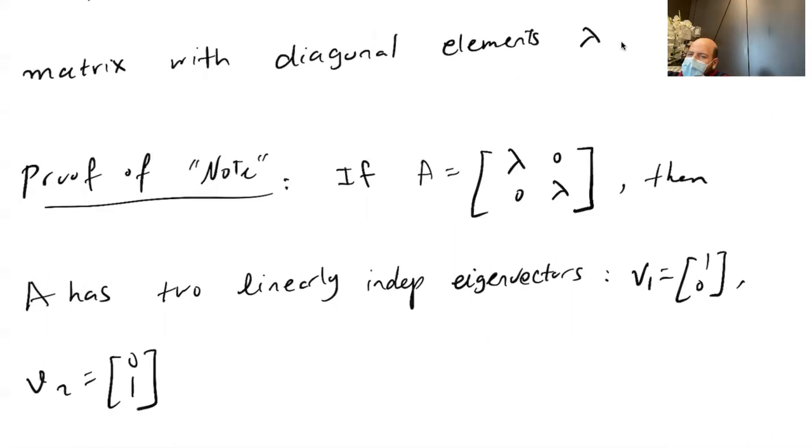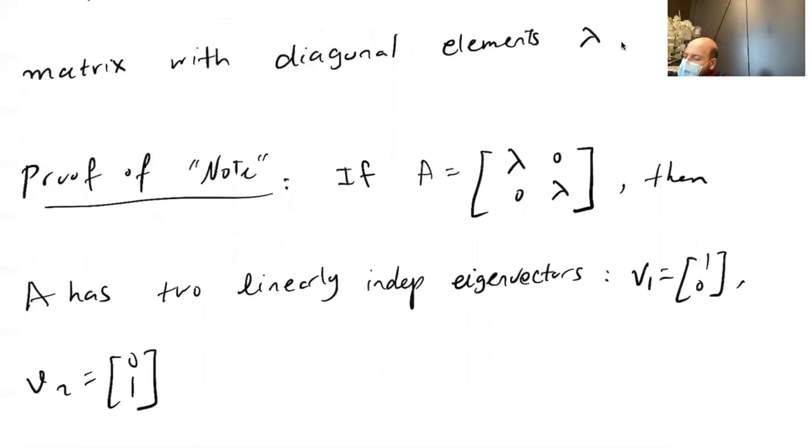It's a very simple fact from Math 250 or linear algebra that (1, 0) and (0, 1) are linearly independent. These are elements of the standard basis for R2, and therefore they are linearly independent.